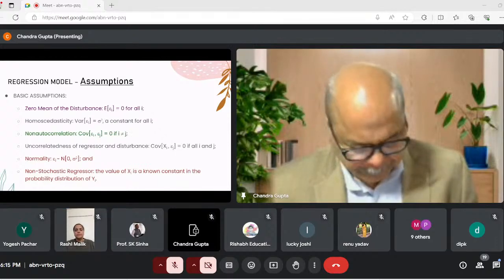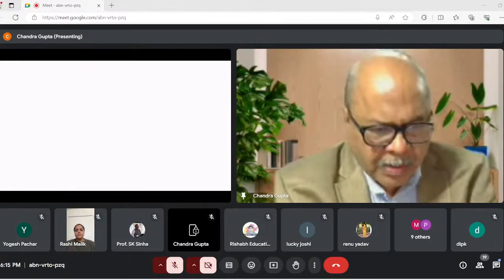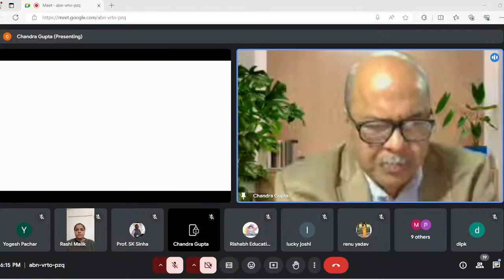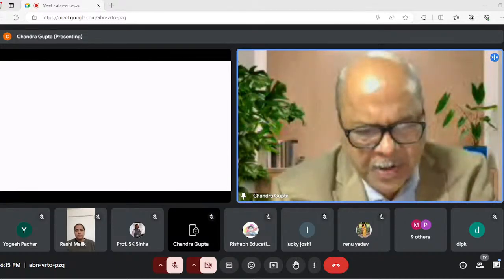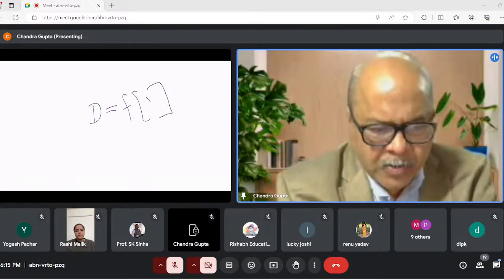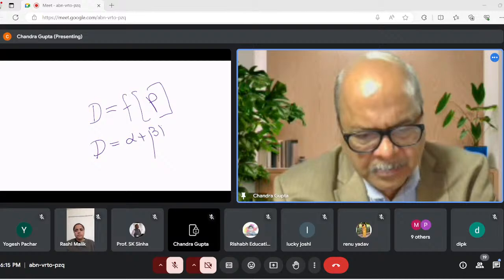Okay, let me take a simple example. Law of demand says demand is a function of price, right? So I say demand is equal to alpha plus beta price.